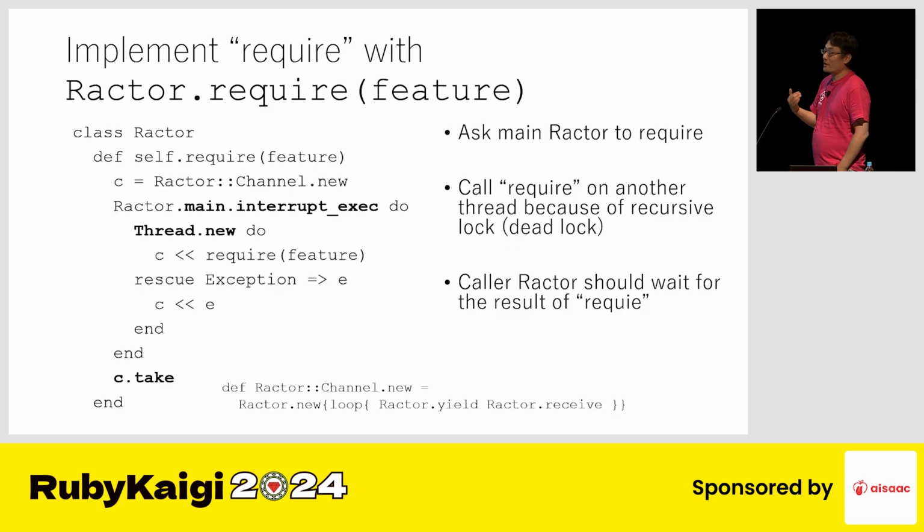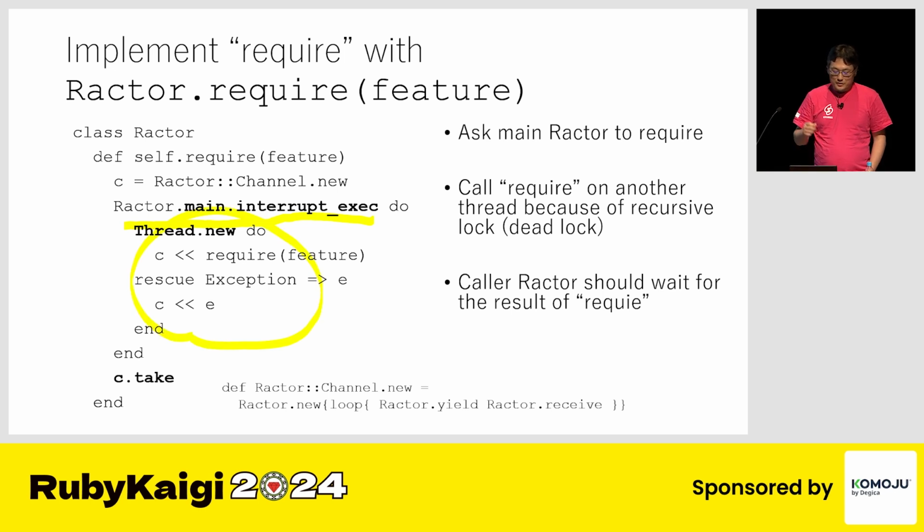Using this interrupt exec, we can make a Ractor.require method. Using Ractor.main interrupt exec, we create a new thread, require on the main Ractor, and wait for the result.